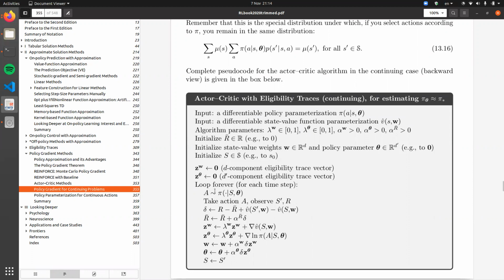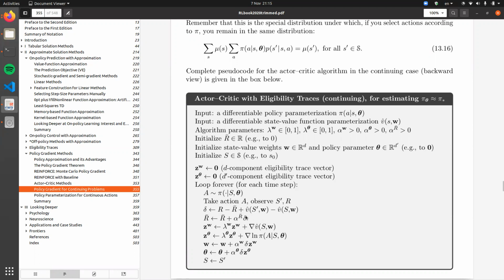So what will change in practice? We will have to keep track of this average reward, and we will rewrite our delta. Instead of having the discount factor here, we will subtract the average reward from the current reward.